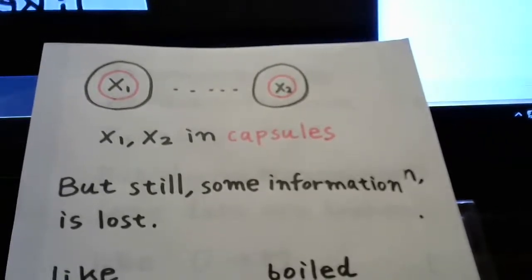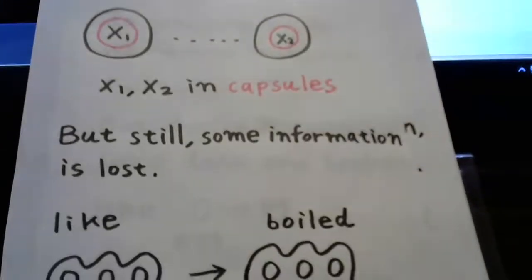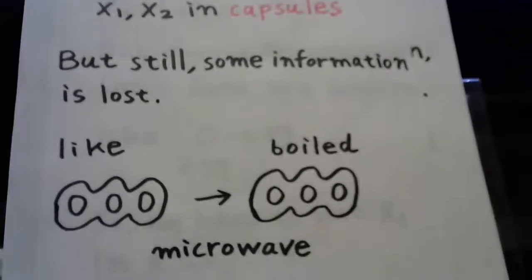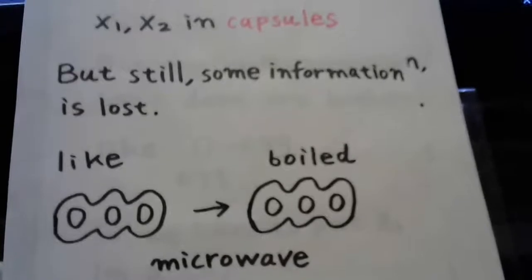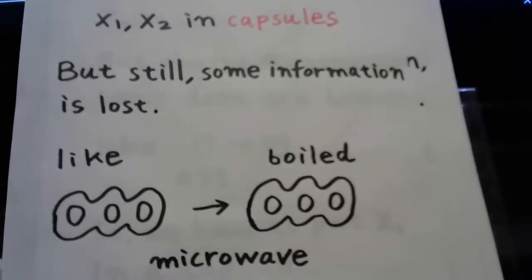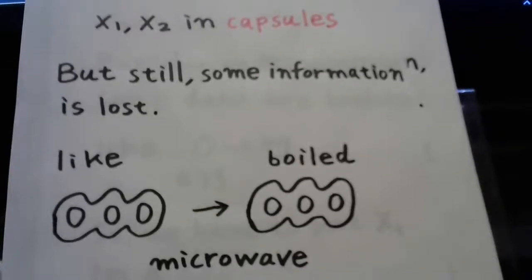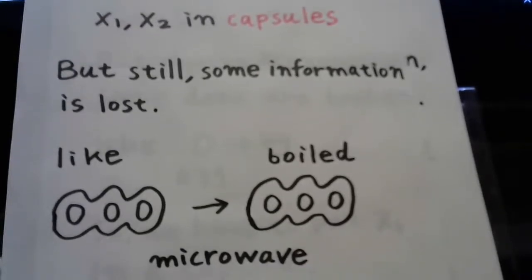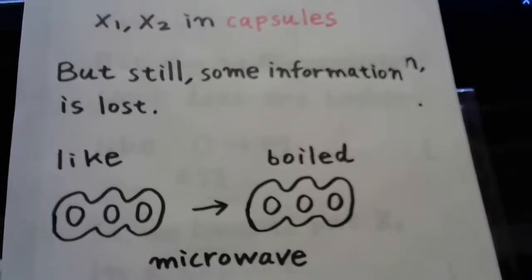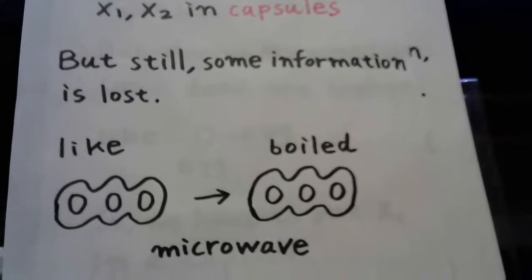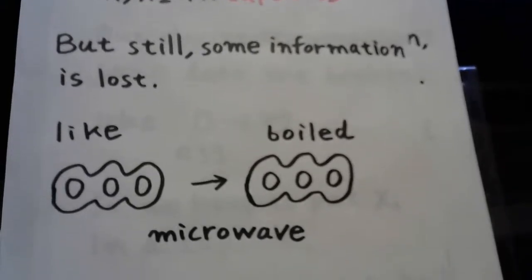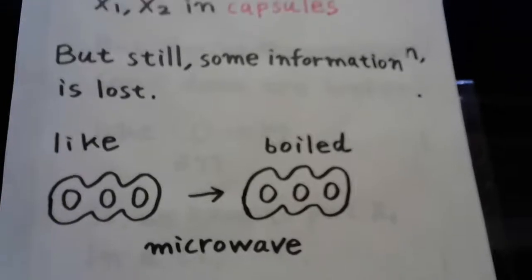But still, some information is lost, like such a case. Eggs are expected to be fine, but when they go through a microwave, they are boiled. They change in quality. In other words, some information is lost.